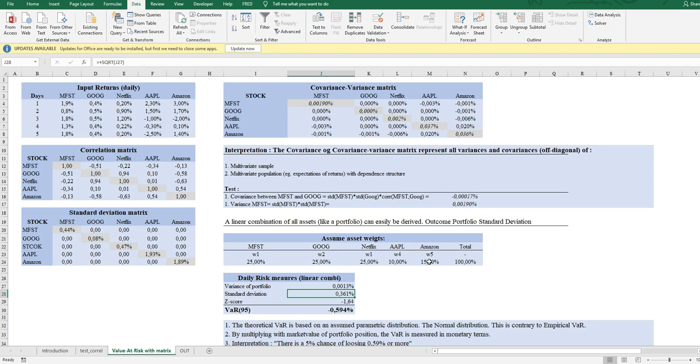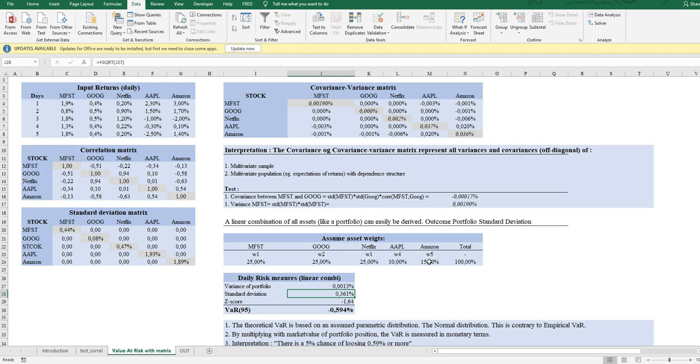So now we have a standard deviation measure of our portfolio with 5 assets given the weights, and we can now calculate the value at risk as a shortfall risk measure. In this case I would like to calculate value at risk 95, just VaR 95, which is the most used risk measure in practice and also in legislation. And it's a one-sided test. It's a left tail test.